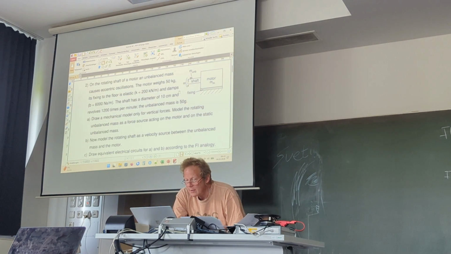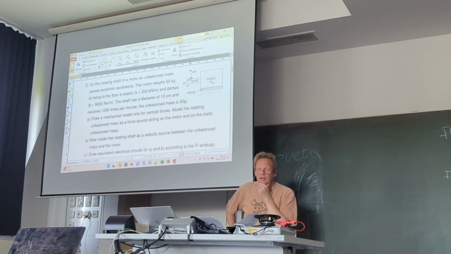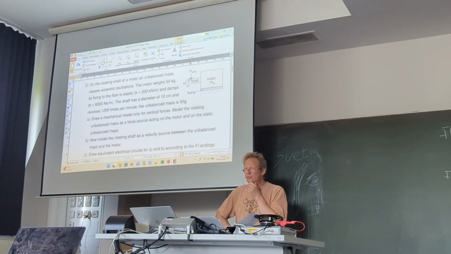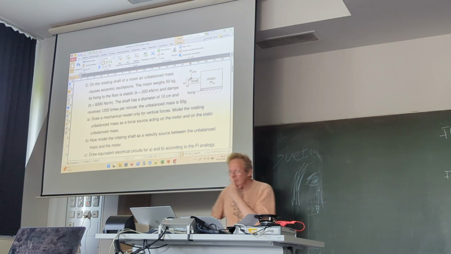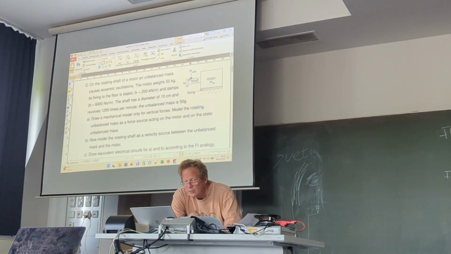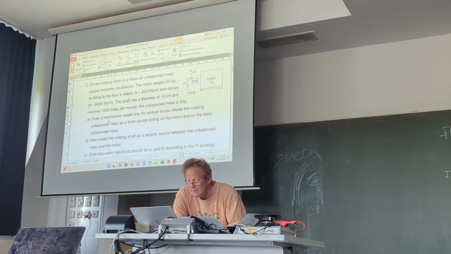So you could now either say we have forces. A mass on this rotating shaft produces a centrifugal force. And we want to understand first the mechanical connections. And we want only to see vertical forces. So let's model the rotating unbalanced mass as a force source, which acts on the motor.